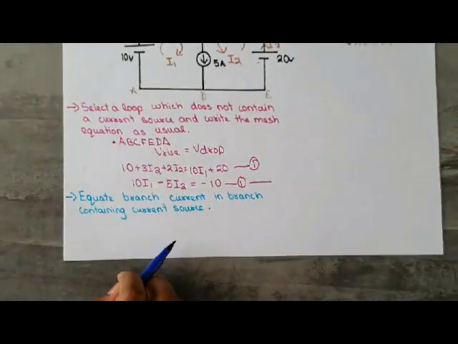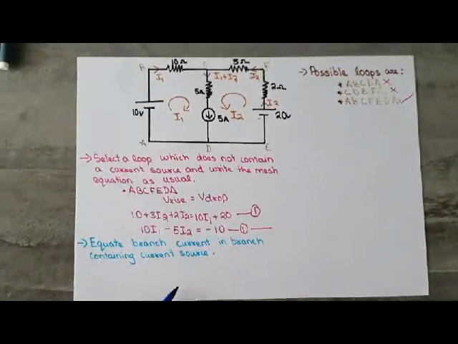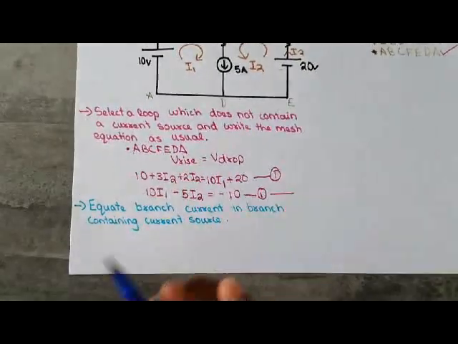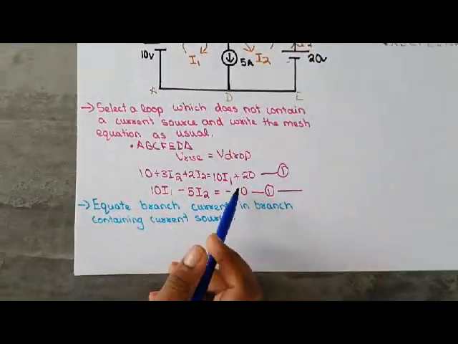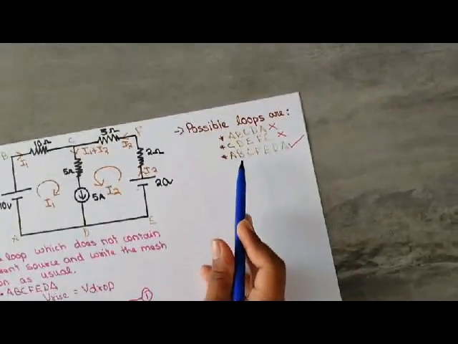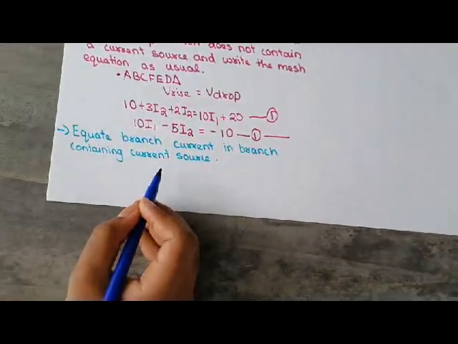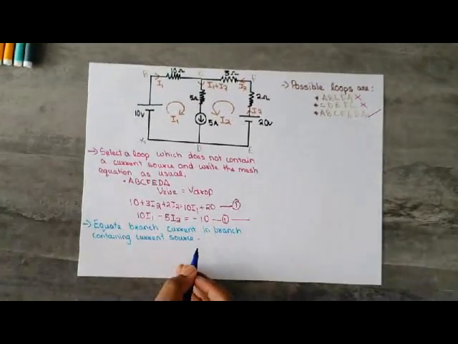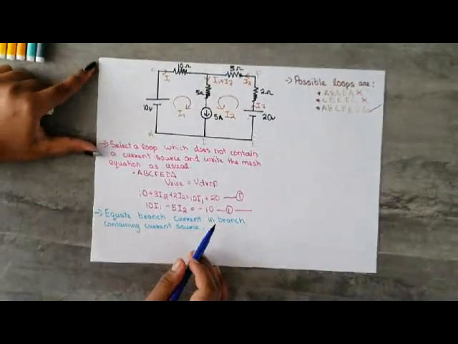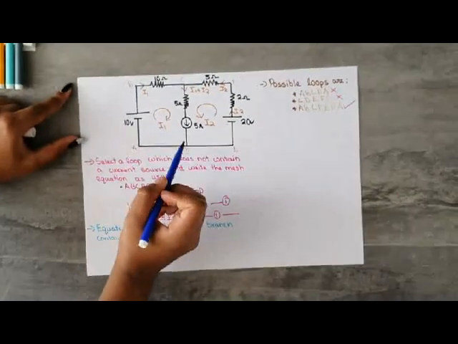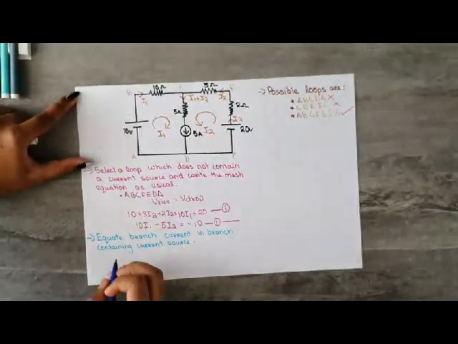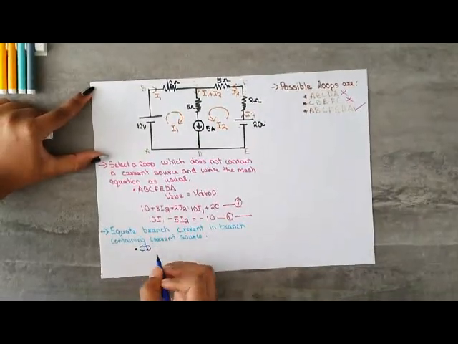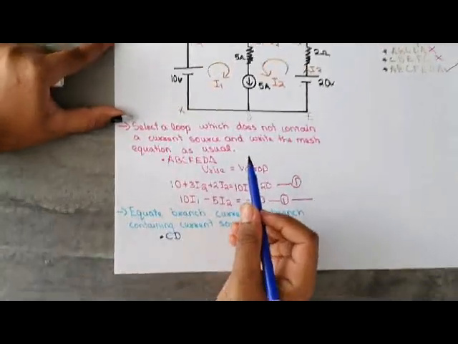For the second equation, since we have two unknown values, we need two equations. The first equation we got using the super mesh. For the second equation, you have to equate the branch current in the branch containing the current source. That branch is CD.